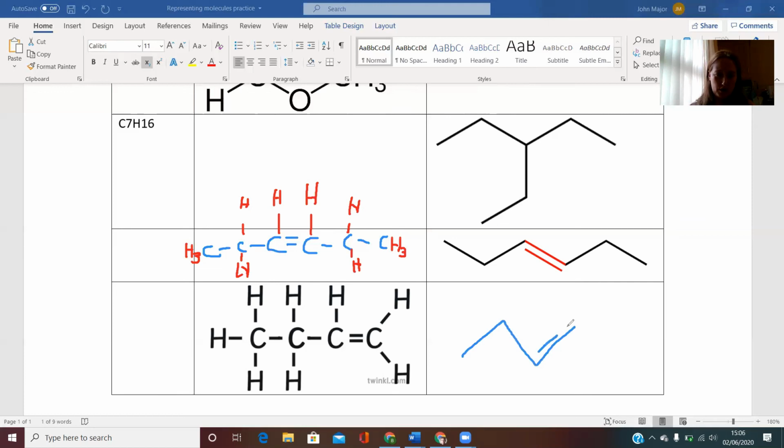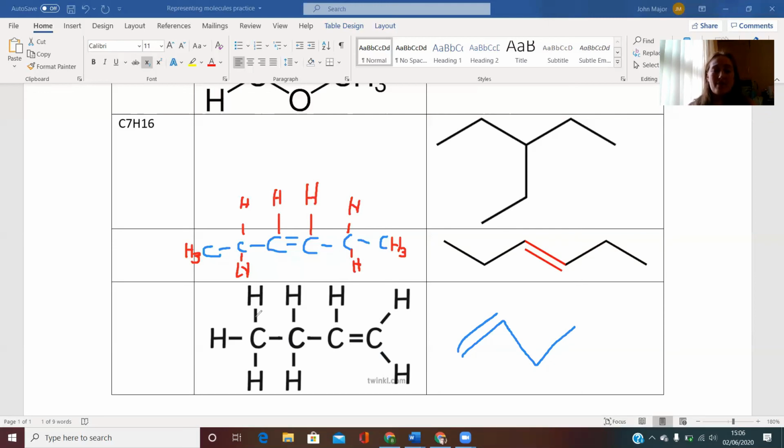Now you could draw it like that, because that's the way it's drawn in the other picture. You could also draw it like that, because those are going to be the same thing. The first carbon and the fourth carbon are the same because molecules can be flipped over. So the first one becomes 1, 2, 3, 4, 5. Same thing, facing a different direction.